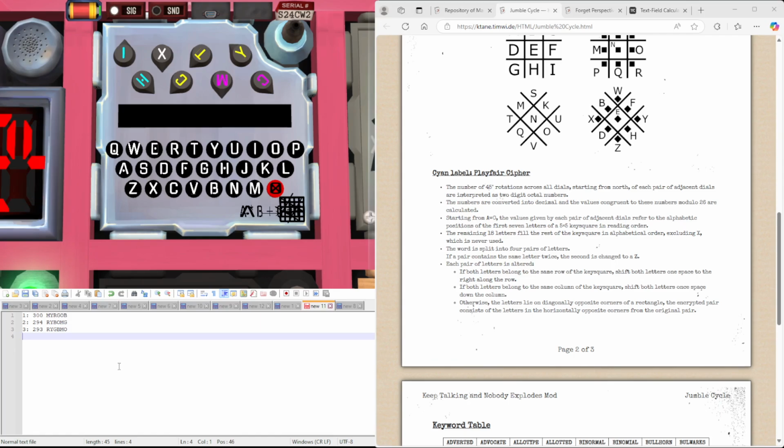Okay, so the rotations we have is 0, 3, 4, 5, 5, 4, 7, 3.